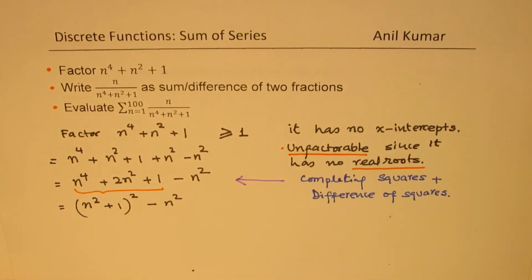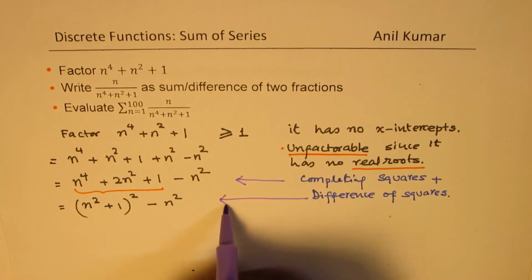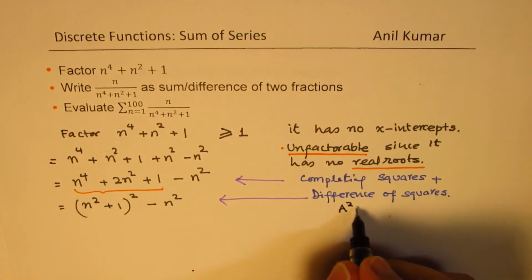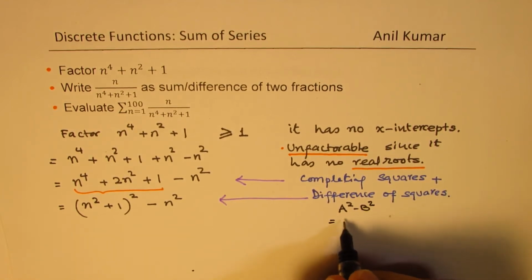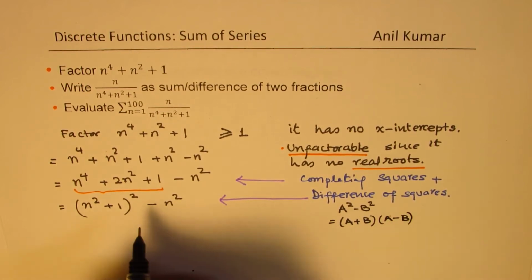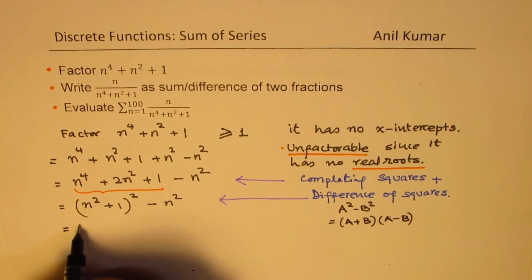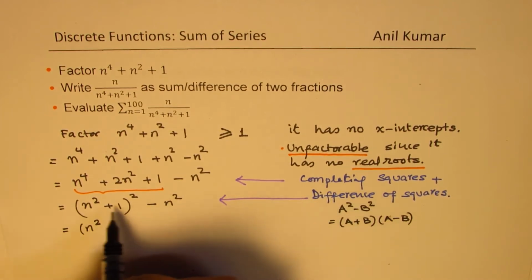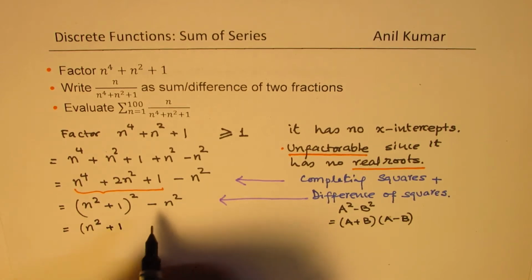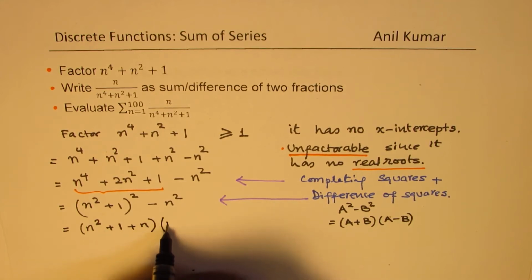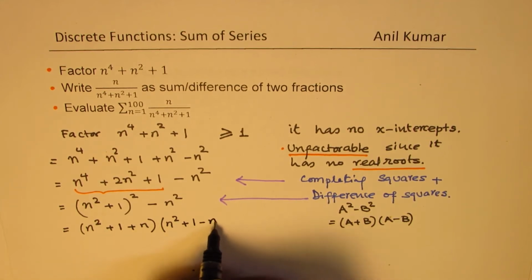Now what we get here is a difference of squares, right? We know a square minus b square can be written as a plus b times a minus b. So now we have a difference of squares. We could write this as n square plus 1, this is n square, so we'll add and subtract n: n square plus 1 minus n.